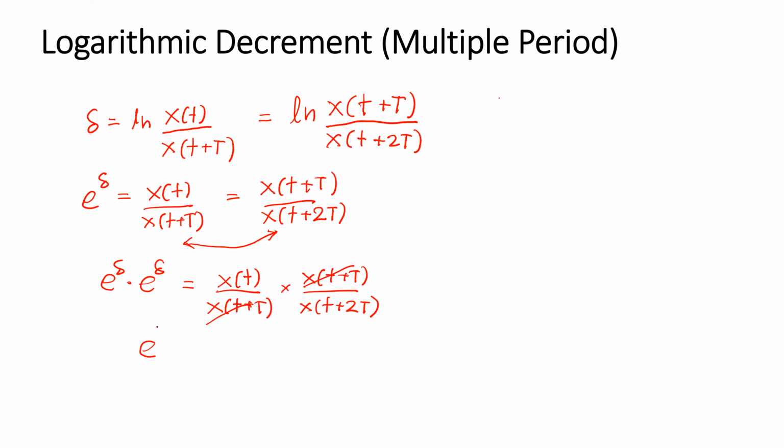Finally, e to the power 2 delta is equal to x at time t divided by x at time t plus 2 periods.